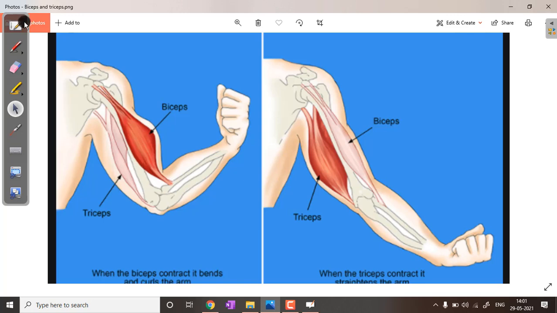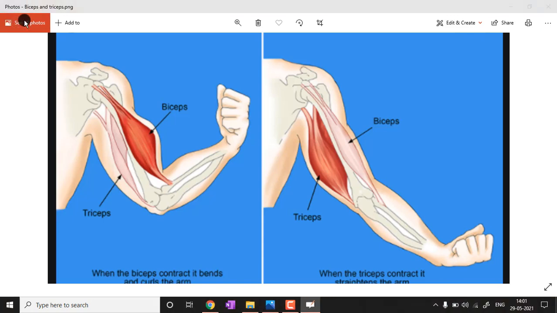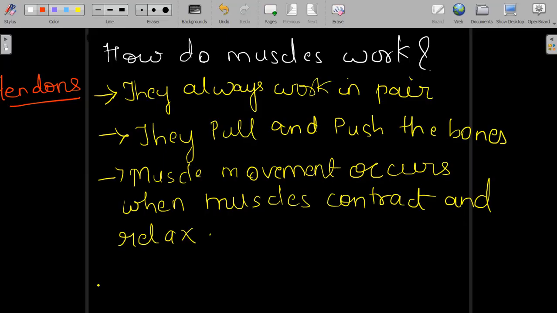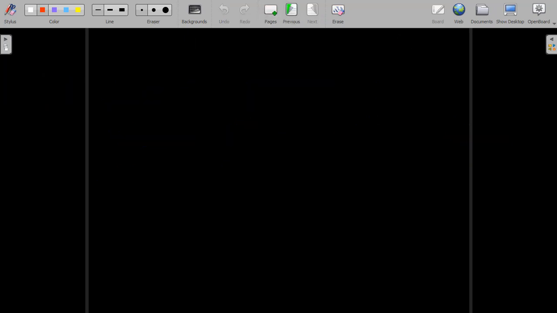Initially biceps are like this, straight long muscles. But when they contract, they become short in length and they become swollen. Since they become short in length, they become swollen. Swollen means, as you see in the picture, they become enlarged in size.